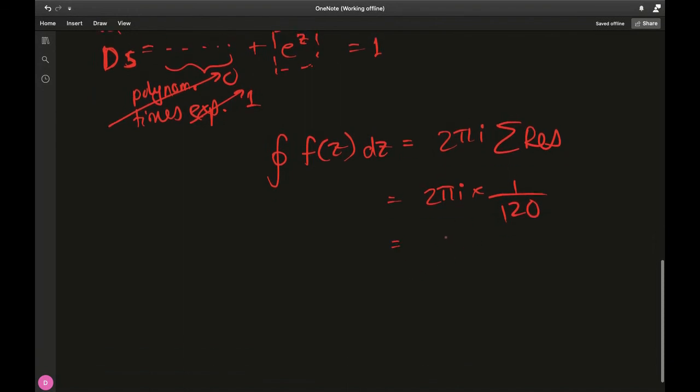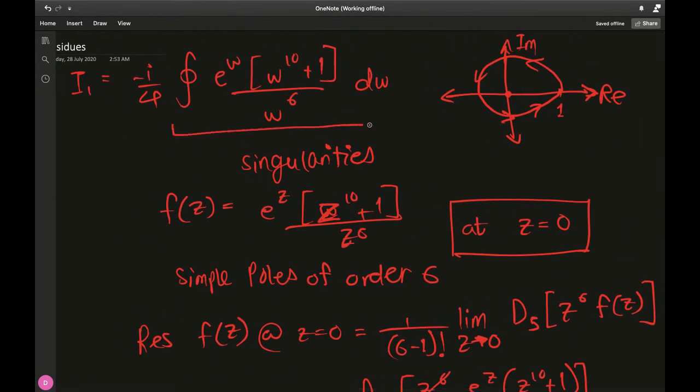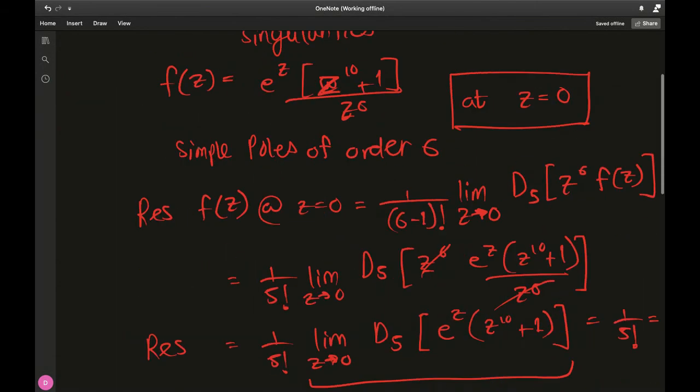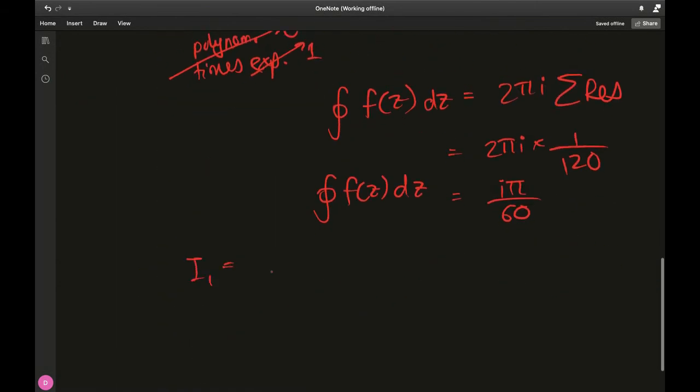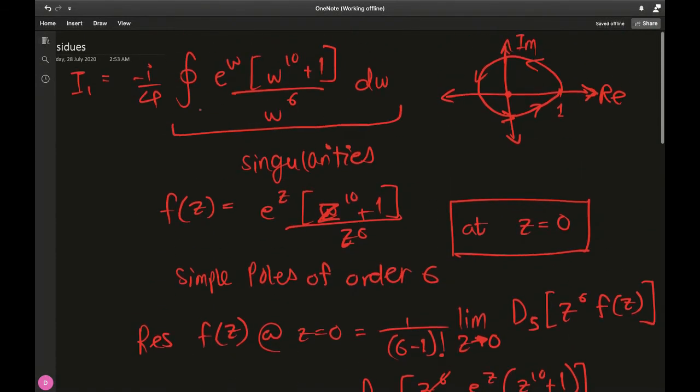That will be i pi over 60, and that's the closed integral we have. And that's exactly this inner part over here. So to obtain an expression for I1, we still need to multiply by negative i over 4, because this closed integral was exactly this thing, right?